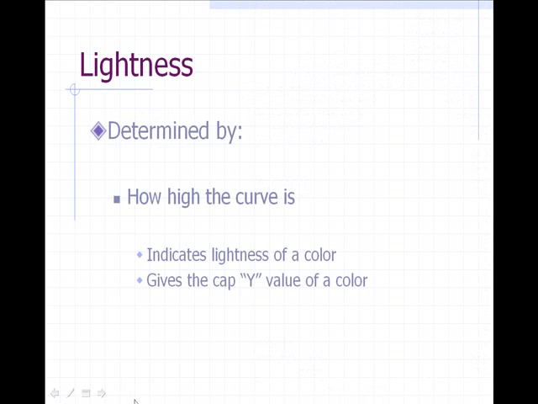Lightness is determined by how high the curve is, and that can be used to calculate the capital Y value, which tells you the lightness also. If you remember back from earlier classes, we calculated tristimulus values, which was the capital Y, and this is the same capital Y value.